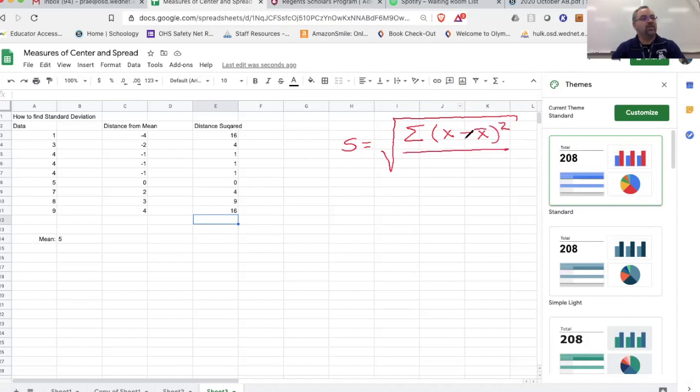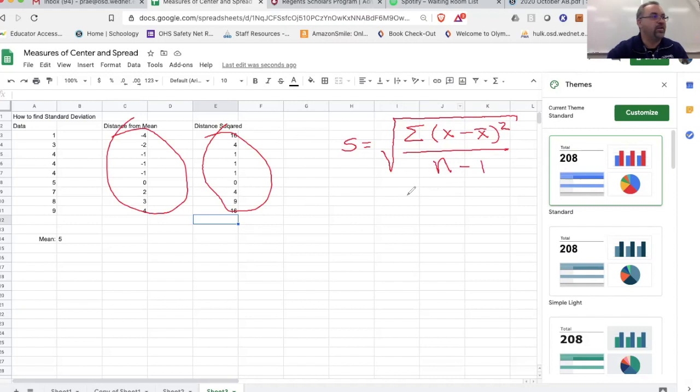So you take the difference between the data point and the mean, that's these guys, and you square them. That's these guys here. Then the sigma, remember the sigma means add them all up. And then we're going to divide by n minus 1. N is the number of data points.